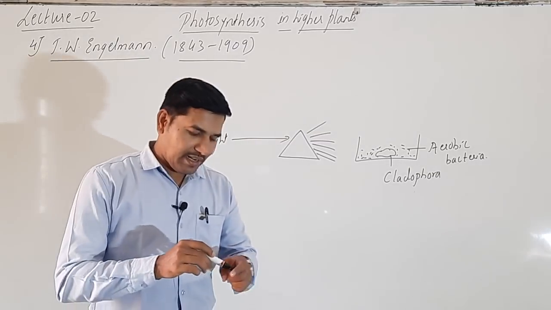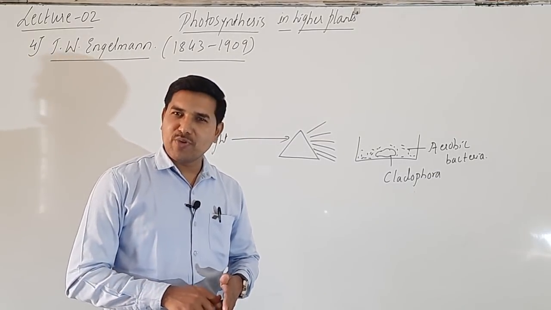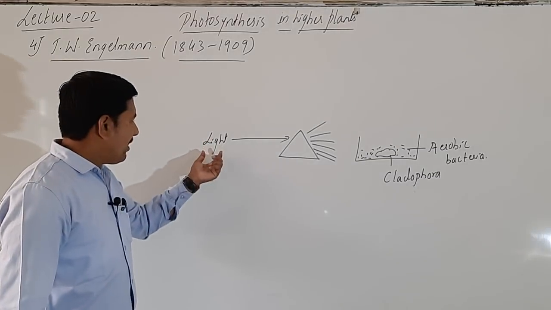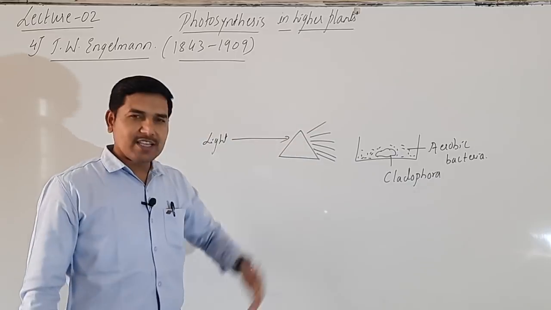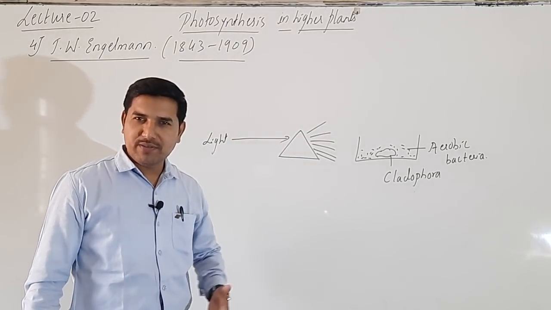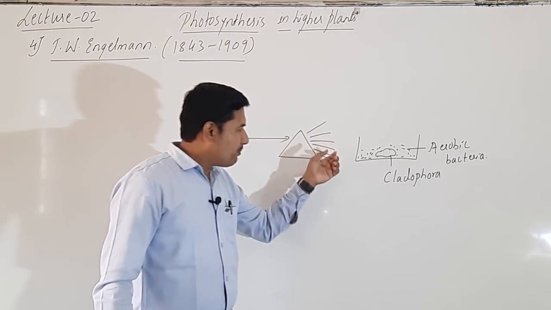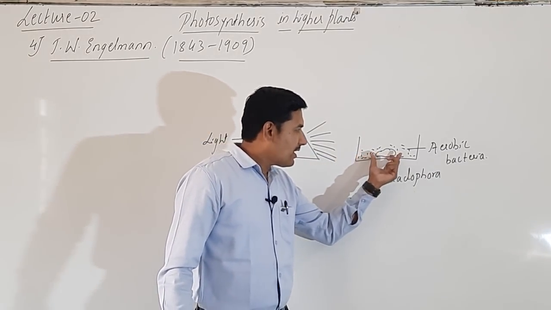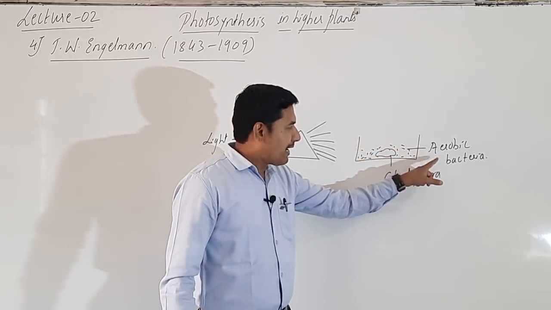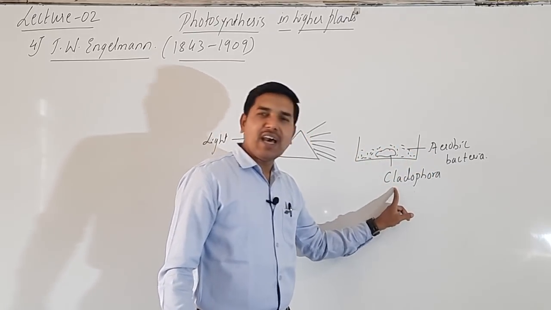Then look at this part. What was his observation? When light was released to the prism, it split the spectrum of light into VIBGYOR, and this VIBGYOR was exposed to a suspension consisting of aerobic microbes in which the alga Cladophora was placed.